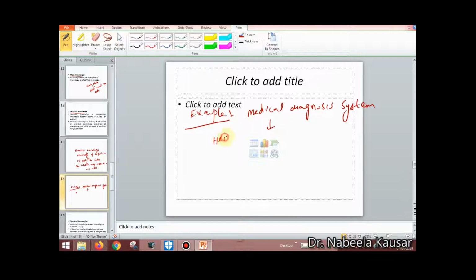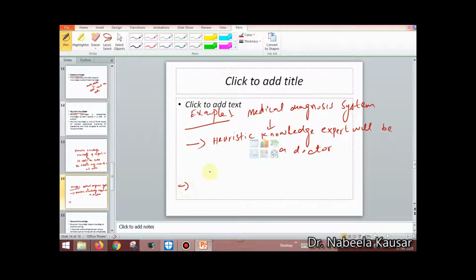The heuristic knowledge expert will be a doctor.